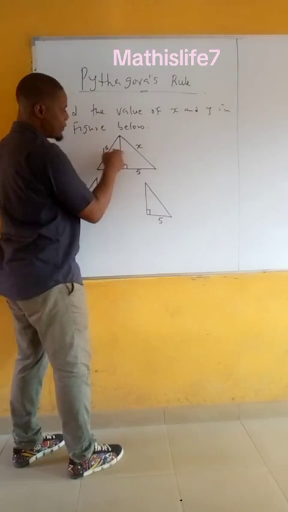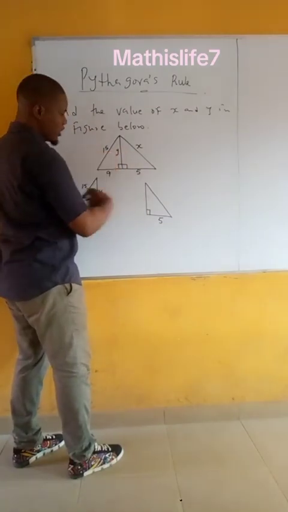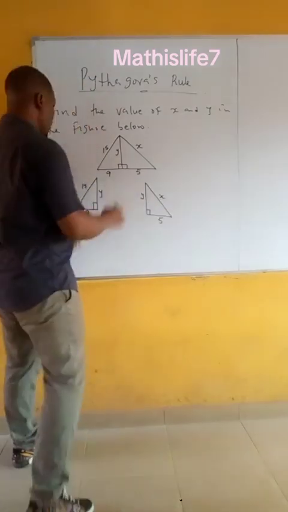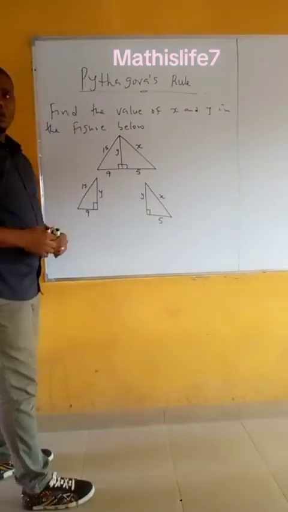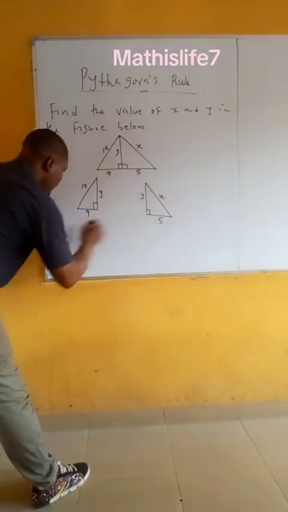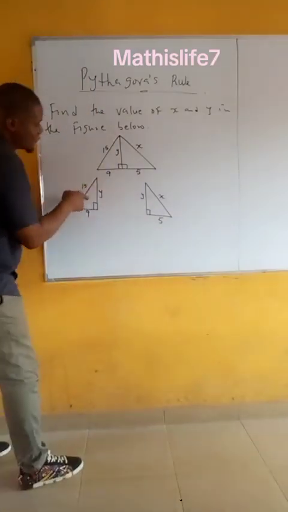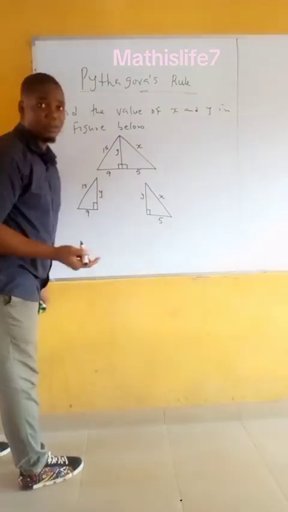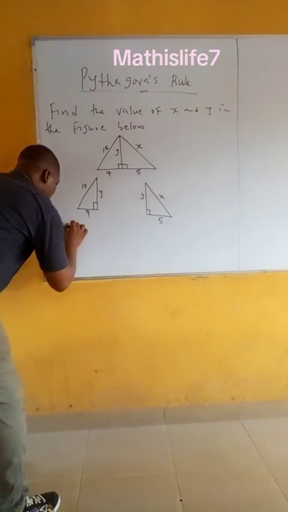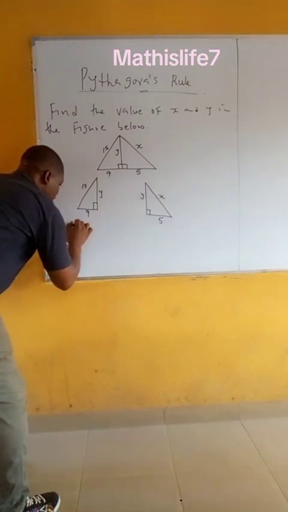If you observe, I have two common boundaries. What is relating the two triangles together? So I have y and x. So look at this. On a quicker note, what will you quickly do here? Since I am not looking for the hypotenuse, I will definitely subtract. So here will be, this is 15 square.